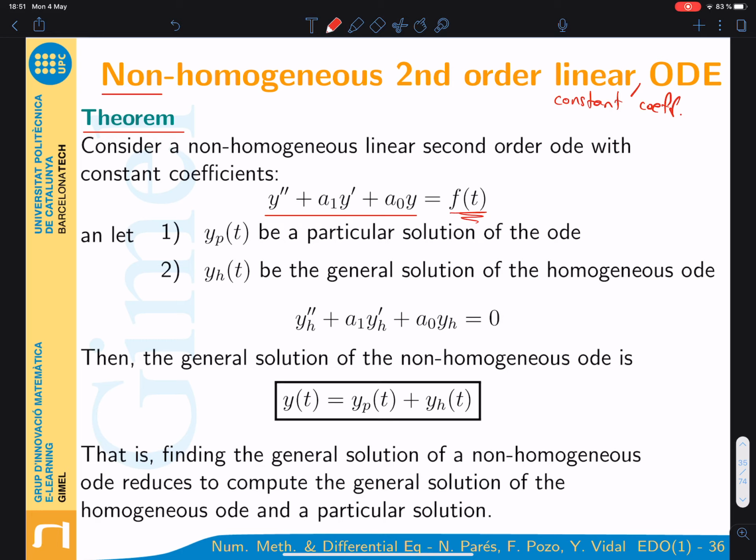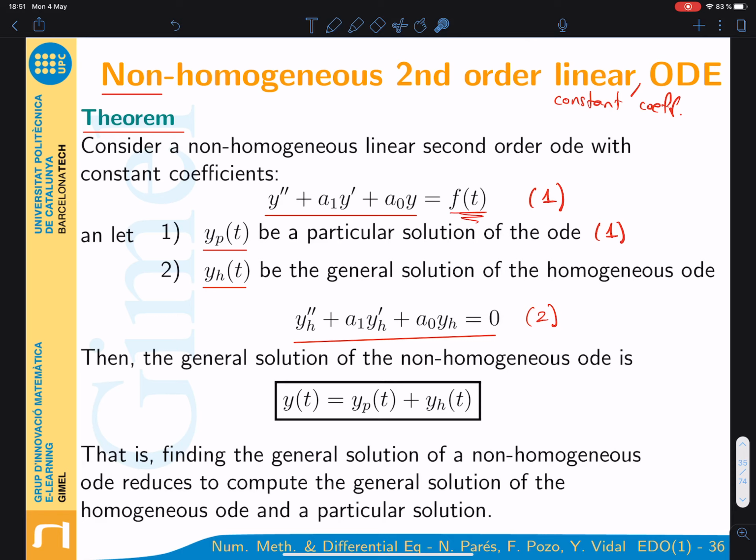Now, let's consider a non-homogeneous second-order linear constant coefficients ODE, like this one, that I will number as number 1. And let yp(t) denote a particular solution of the ODE 1. And yh(t) be the general solution of the associated homogeneous ODE, that I will number as 2, that looks like this. It's exactly the same ODE I have here, but instead of having f of t, it is equal to 0.